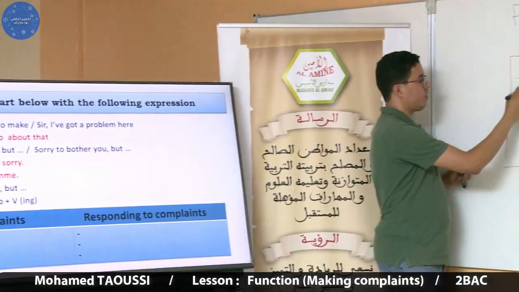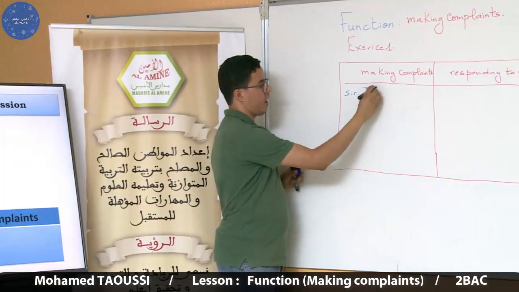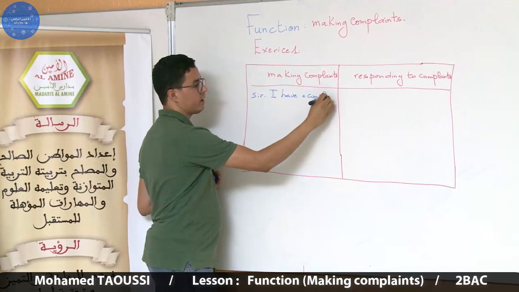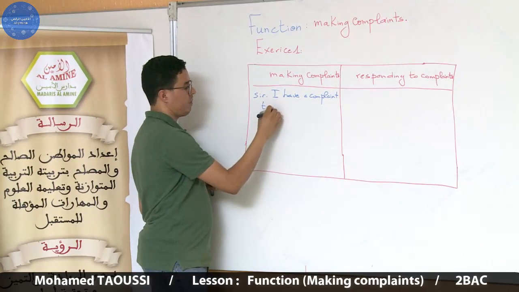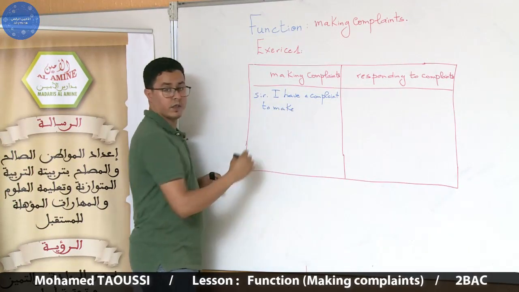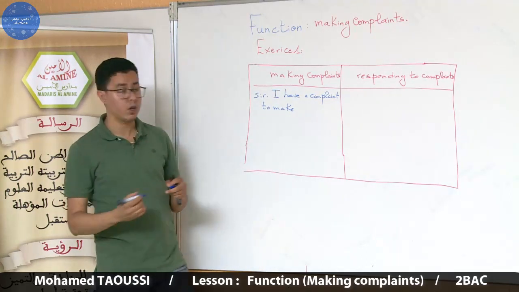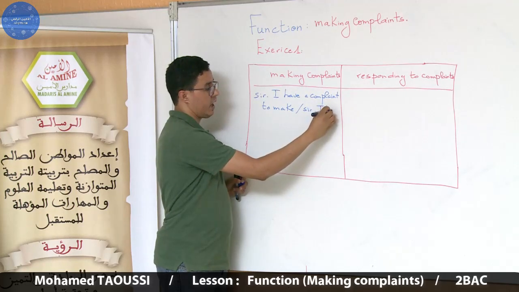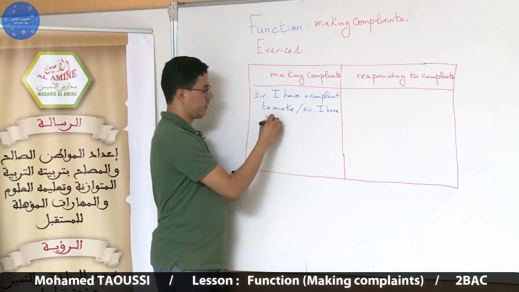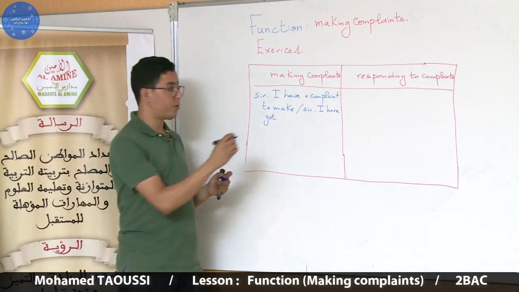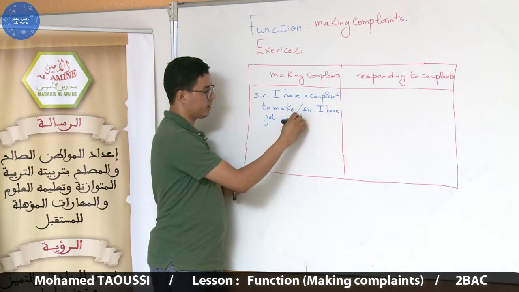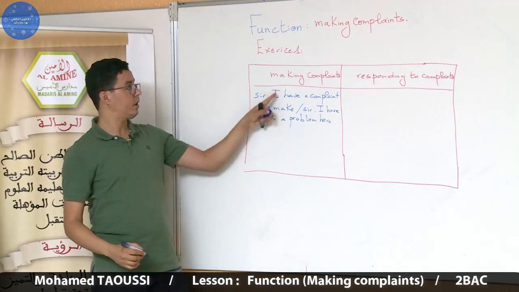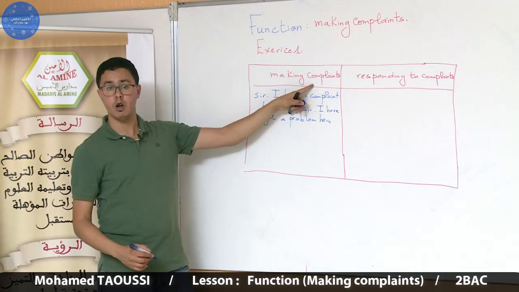So we can say, sir, I have a complaint to make. Or we can say, sir, I have got a problem here. So those are expressions for making a complaint.